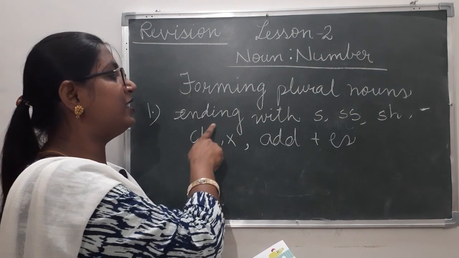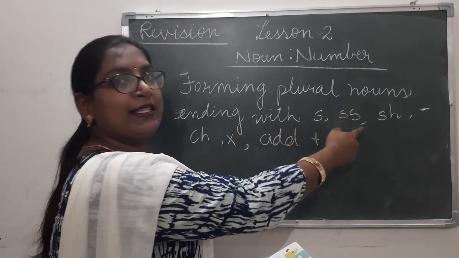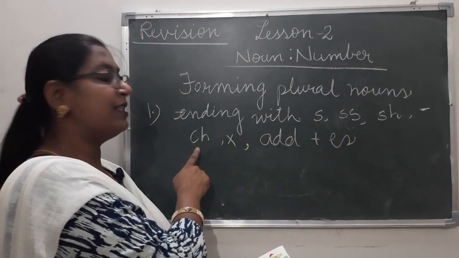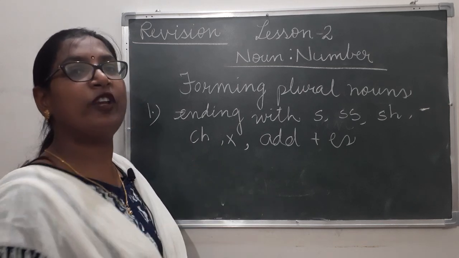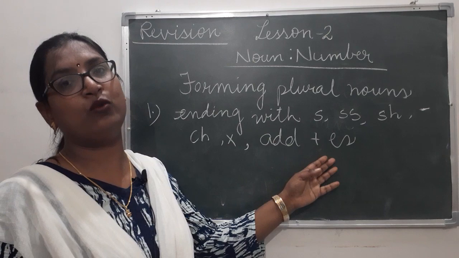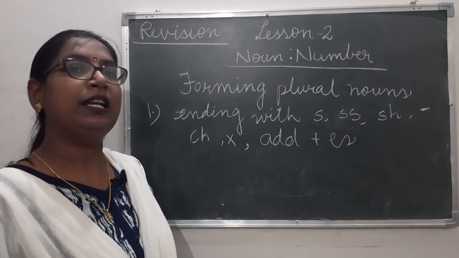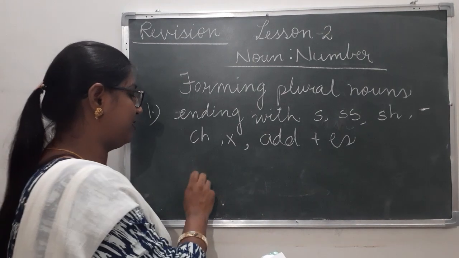When the words are ending with S, SS, SH, CH or X, we add ES with the noun to make it plural. Let us see some examples.